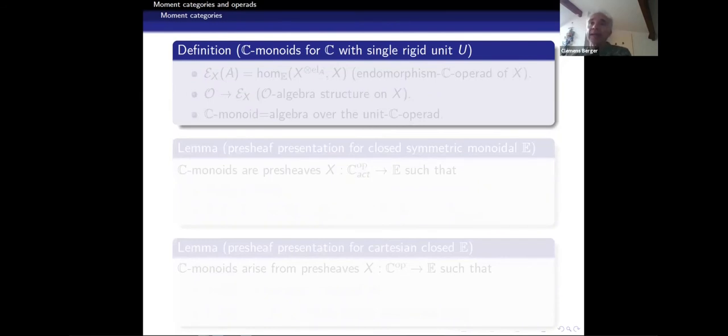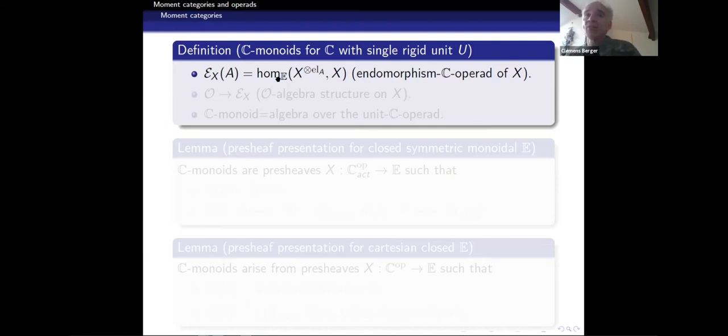So now I will go very, very quickly to this. As I said, C-monoids are algebras over the terminal C operad. To simplify the situation, I just assume that I have a single unit U which has no symmetries.